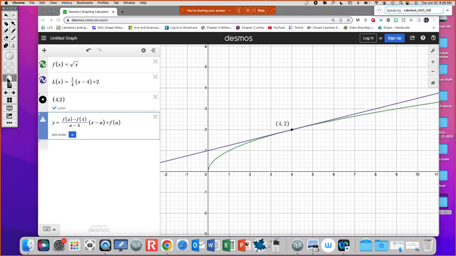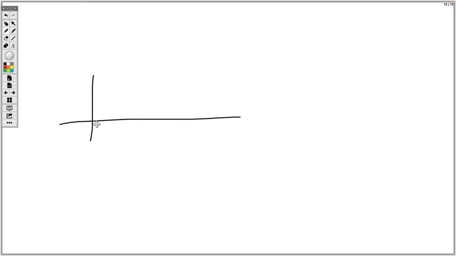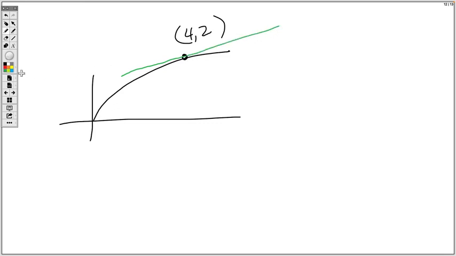So here's what we're going to do. Here's the point we care about, 4 comma 2. You follow? Here's the line we care about. Our tangent line just comes in and does this. So I'm going to pick another point. I'll call it A. I'll pick it over here. Here's some value A. And I'll connect these dots.